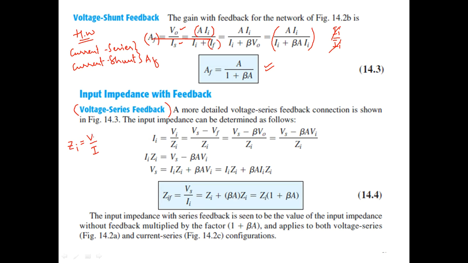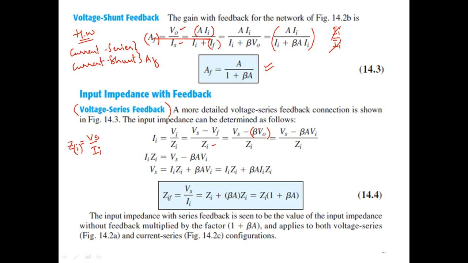So here the input voltage, see, it's input impedance, right? So the voltage which we need is the real input voltage Vs and the input current Ii, where small i is the subscript. So how can we express? The current Ii can be expressed as Vi upon Zi. Vi is Vs minus Vf upon Zi. Again, Vf can be expressed as beta into V naught, right?